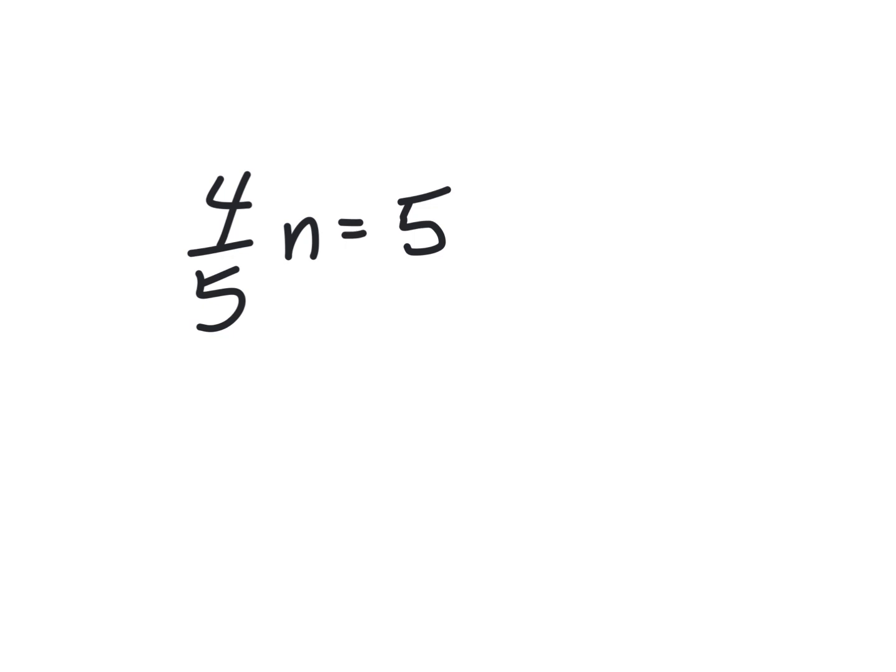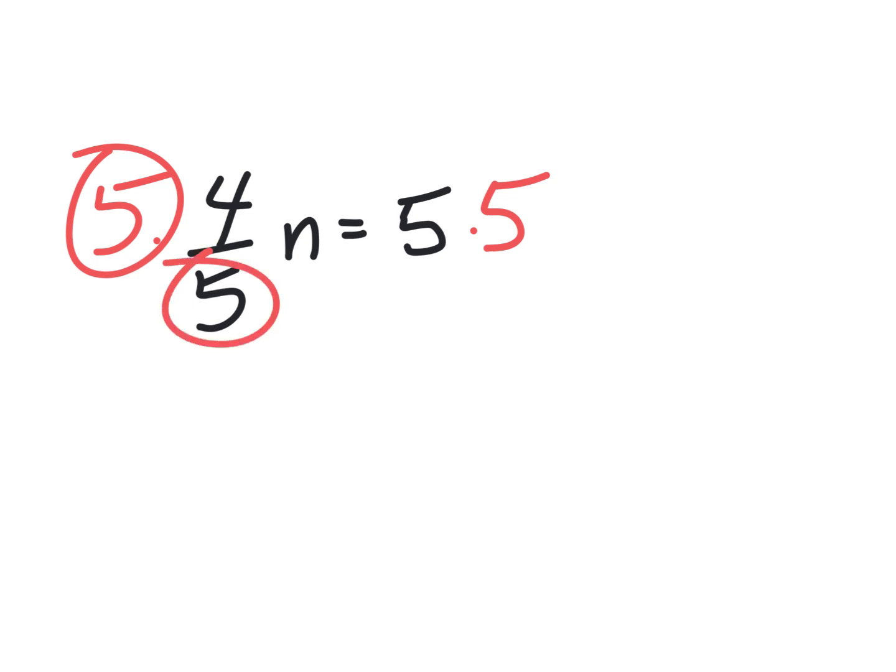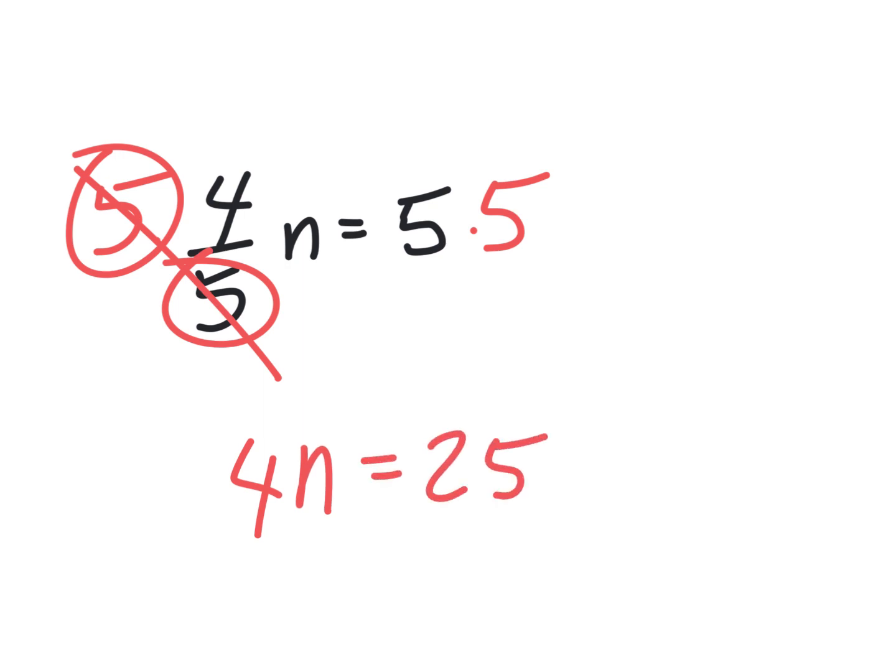So, Alex, did you catch what to do to clear this thing? You're going to multiply on both sides by the denominator. You're new, so I'll give you a break. George, do you know what to multiply both sides by? 5 is correct. Because that way, this 5 and this 5, one's multiply and one's divide by 5, they cancel each other out. 4n equals 25. Am I done?